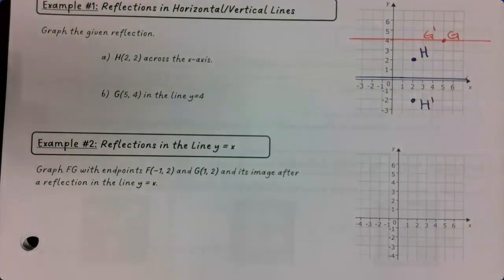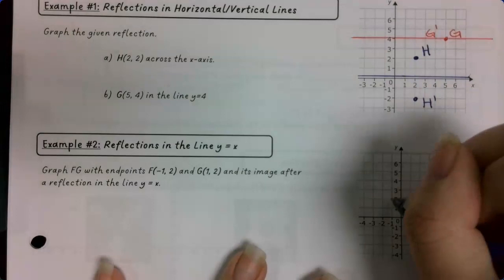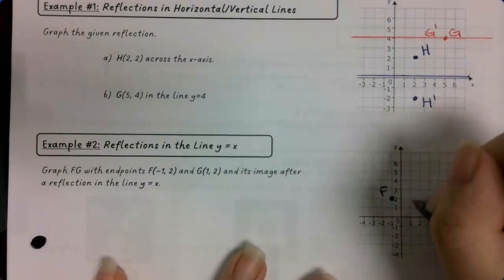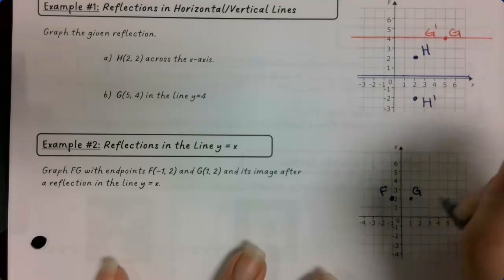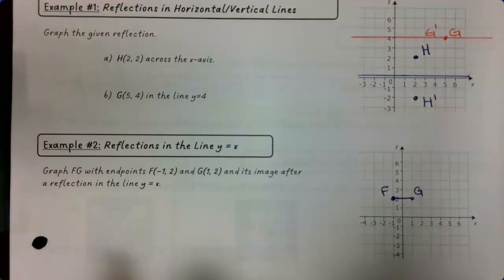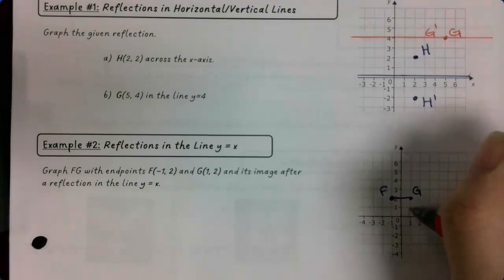Okay. This next one wants me to graph FG with the endpoints F is -1, 2, and G is 1, 2, and its image after a reflection in the line y equals x. So that is, I start at the origin and I go up 1 over 1.